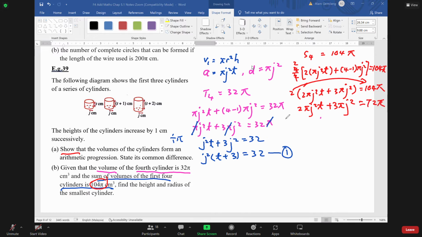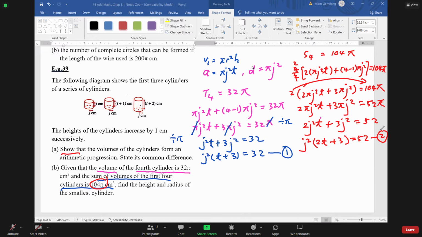Same thing here, we divide the whole equation by pi, so no more pi. So it's j squared times 2t plus 3 equals 52. So this is equation 2.